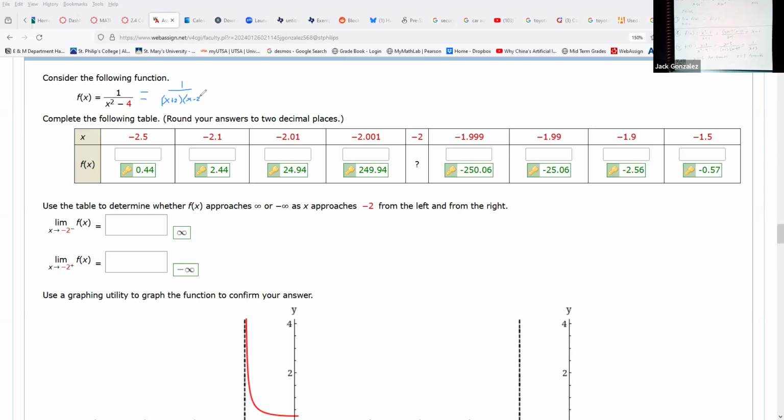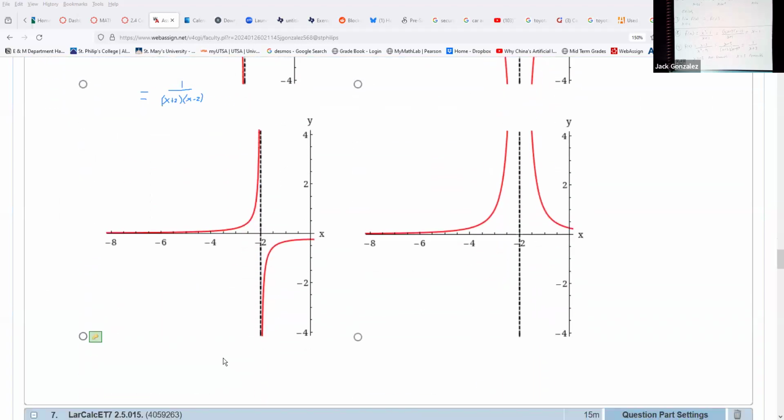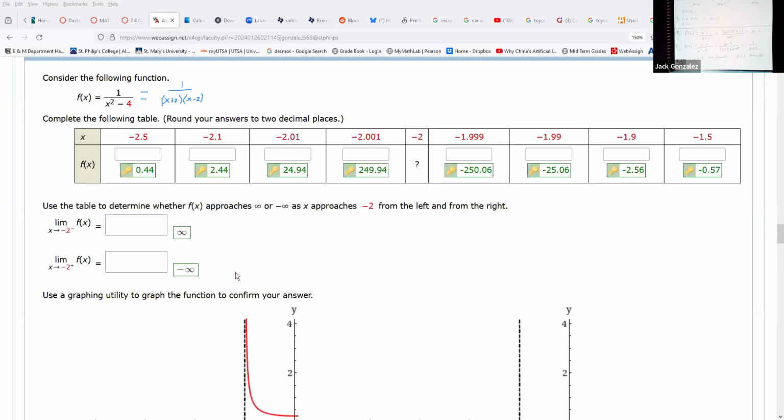Difference of squares. So we can see that -2 and 2 cause division by 0. So x equal to 2 and x equal to -2 are going to be my asymptotes, right? So x equal to -2.